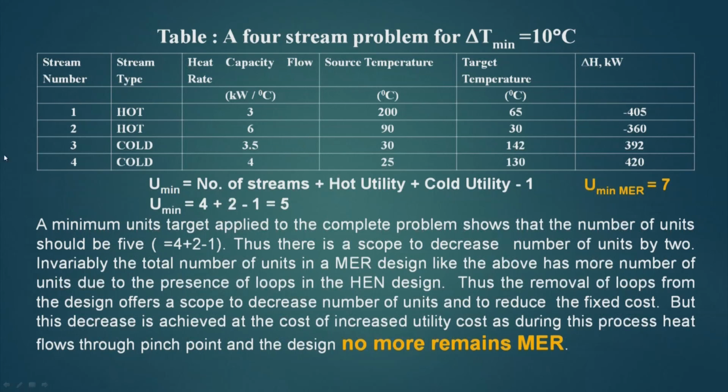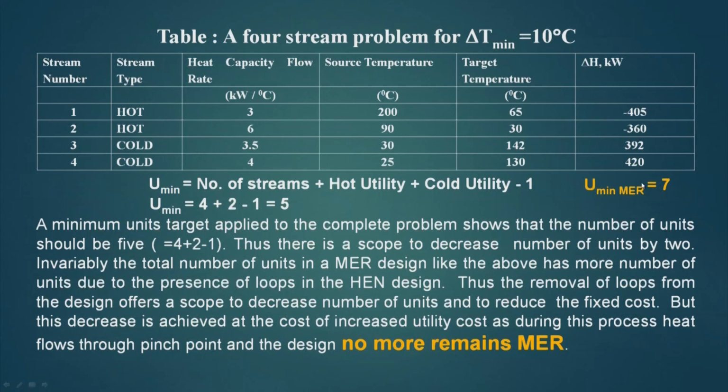This is for all the streams, that is 4 streams and 2 utilities. So, it is 4 plus 2, 6, minus 1, equal to 5. So, it tells that if you ignore pinch division, then the whole heat exchanger network should be designed with 5 heat exchangers or units.